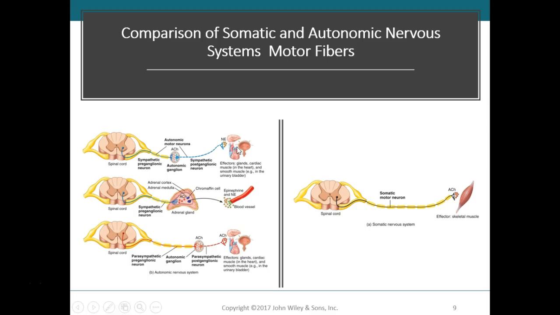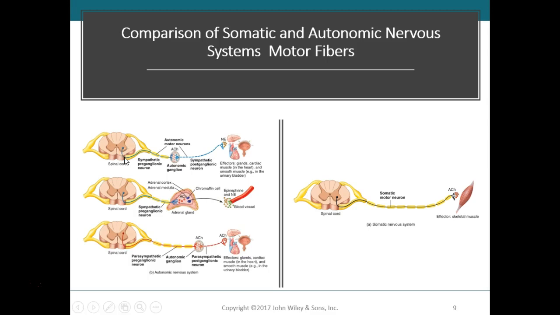On the other hand, if you look at the autonomic nervous system, you have a cell body in each of these examples, and they're all a little bit different, but let's just use this as an example of the pathway. You have one cell body that is located in the spinal cord, so in the sympathetic nervous system, and its axon extends out to a ganglion. So that's an autonomic ganglion. Remember, ganglia is a group of cell bodies clustered together.